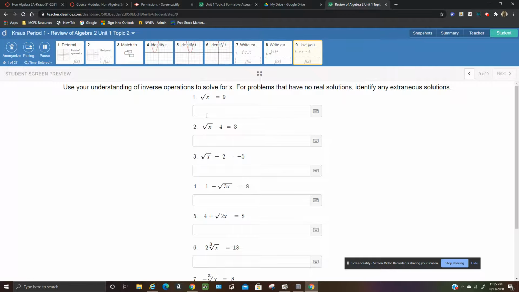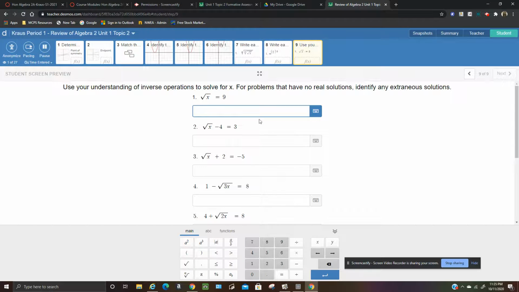And then the last slide here, I don't know if I square both sides here, x is 81. And then this one, let's see if I can write the steps out.